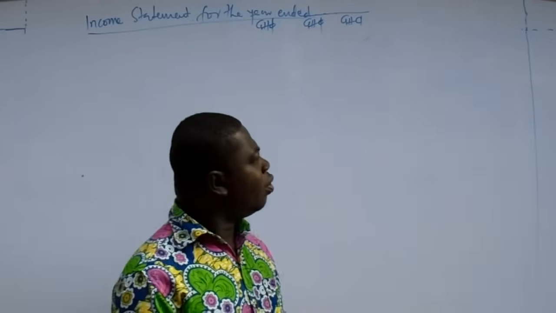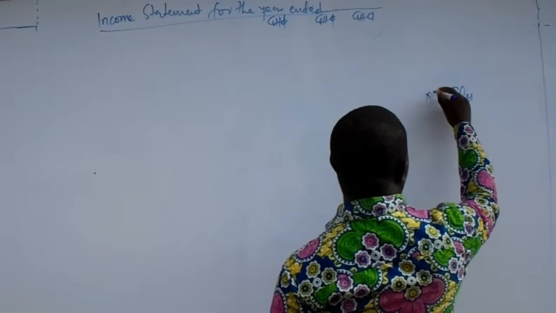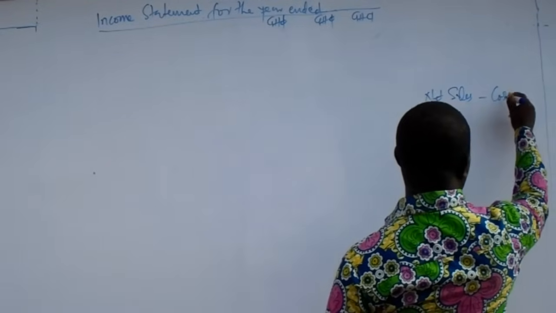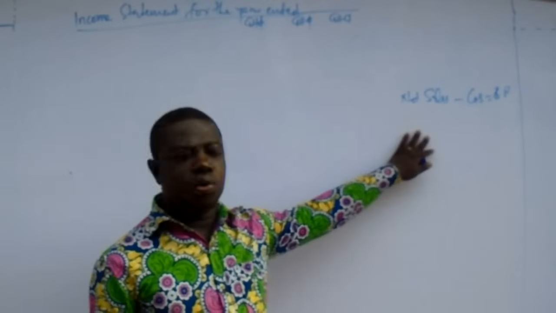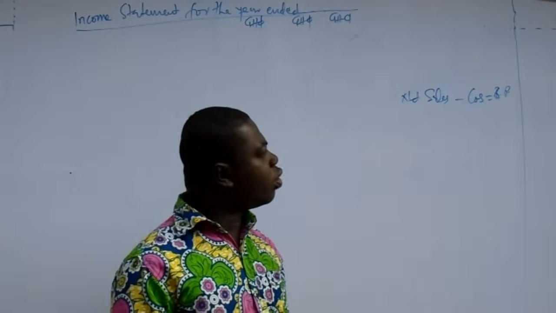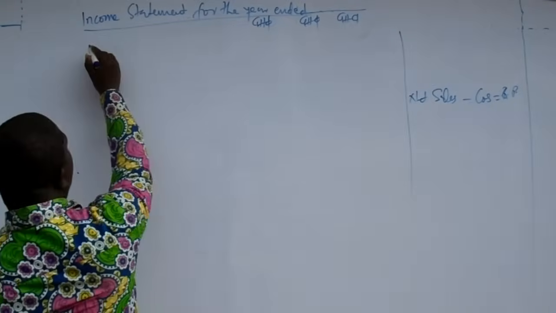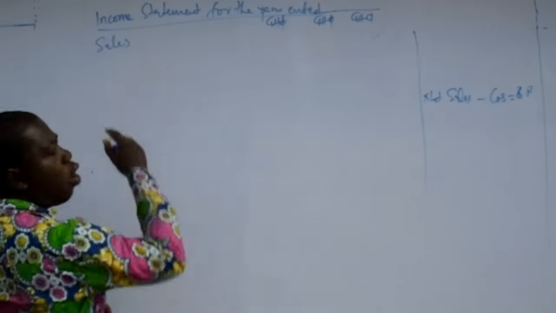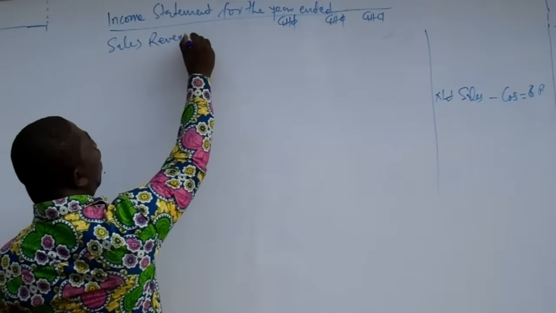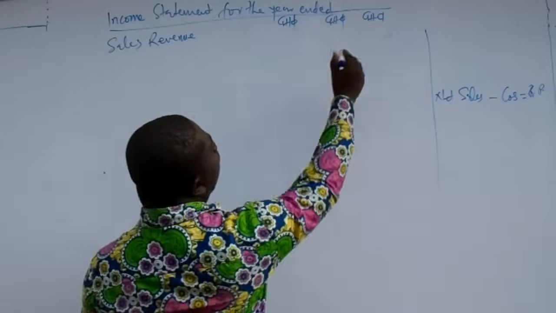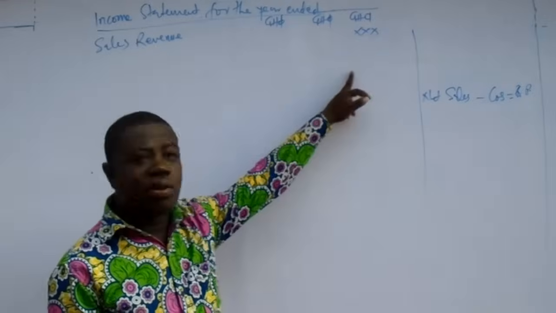Now, looking at the equation I gave, net sales minus cost of sales equals gross profit. So what we are going to do is begin with our sales. All the time you begin with your sales revenue, and you record that on the last currency sign.